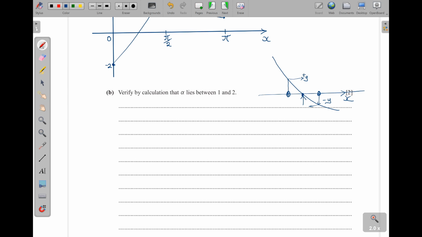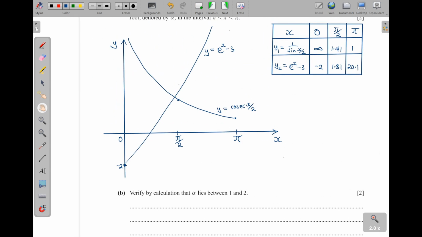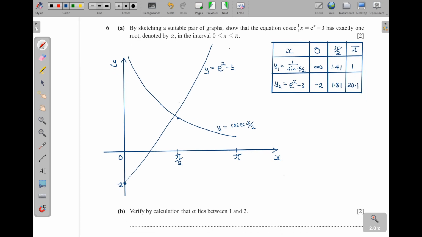So if we are having a root, we look at the values. If the root is in between two values, those two values must give different signs when we substitute in that function. So this is what we are going to verify. Now let's check this one here. Our function, remember, we are given this equation. You can take either side to get the function you're going to use.